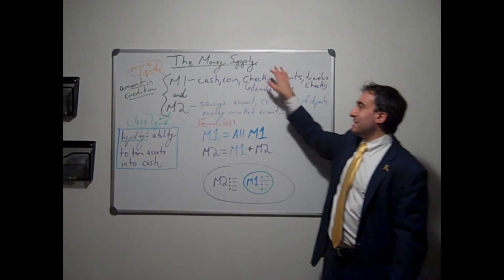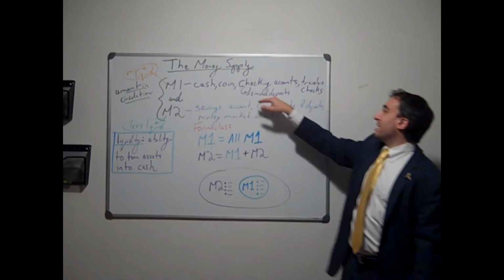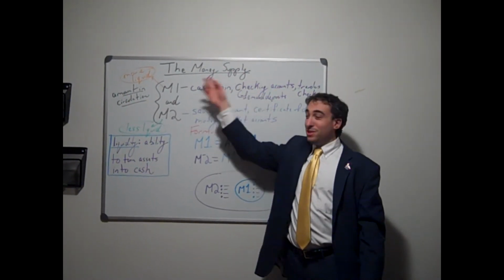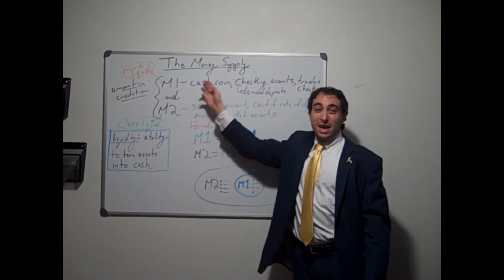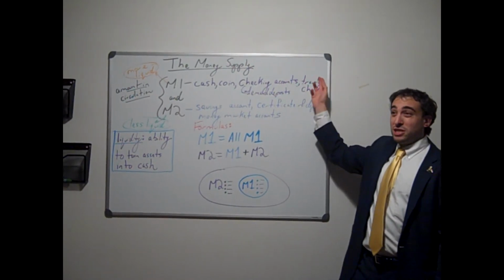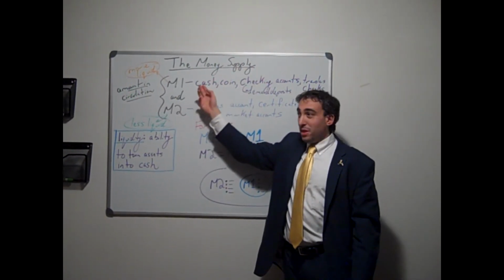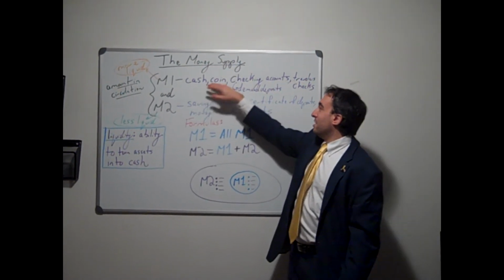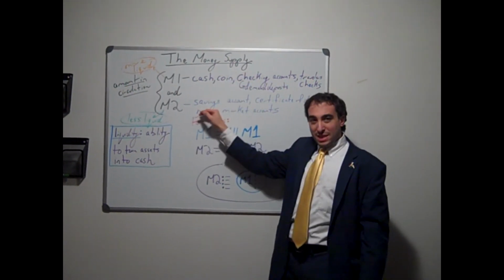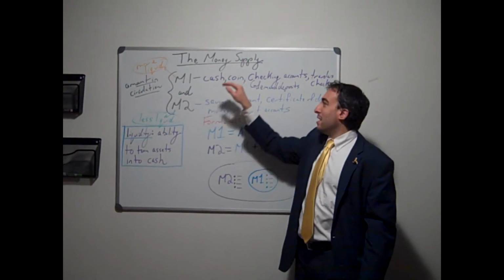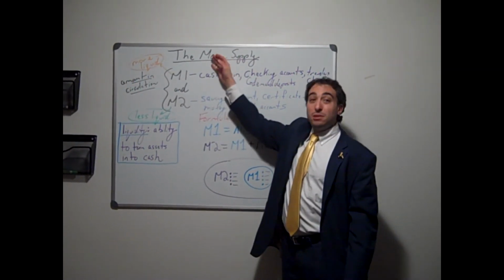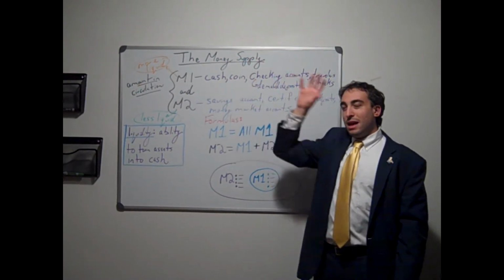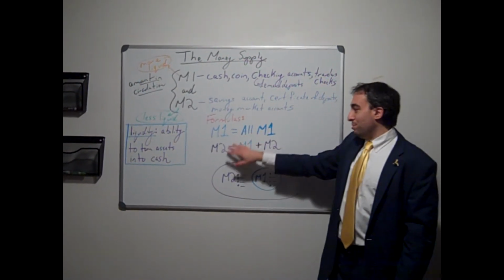If you turn checking into cash, or cash into checking, or checking into a traveler's check, and a traveler's check into cash, whatever you're doing, it's still all M1, it's just changing forms. However, if you put your cash into a savings account, M1 has now decreased. That money is no longer liquid, but that money is now M2.